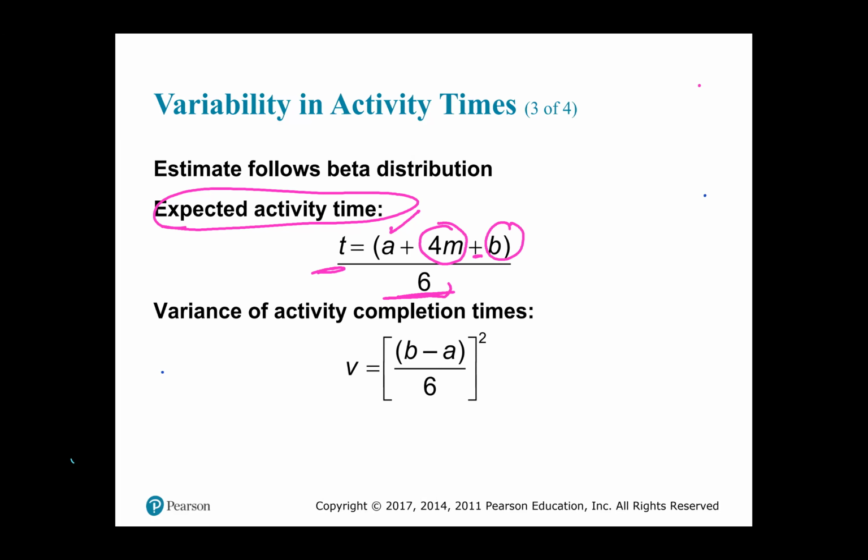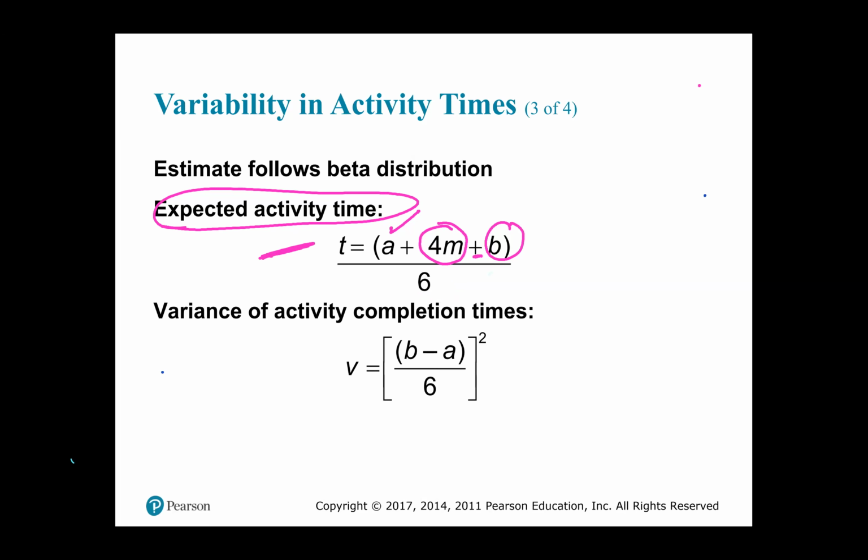So the expected time for an activity must be calculated using this little animal that is called the expected activity time formula, where expected activity time is equal to A plus 4M plus B, all divided by 6.